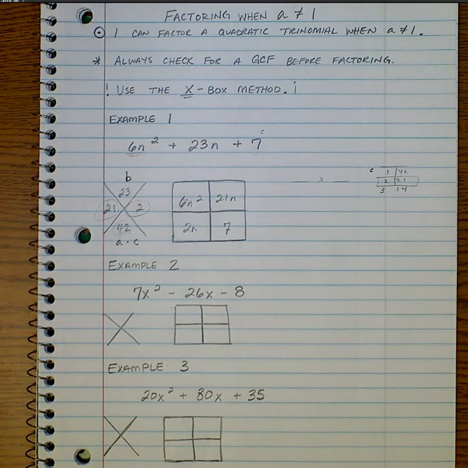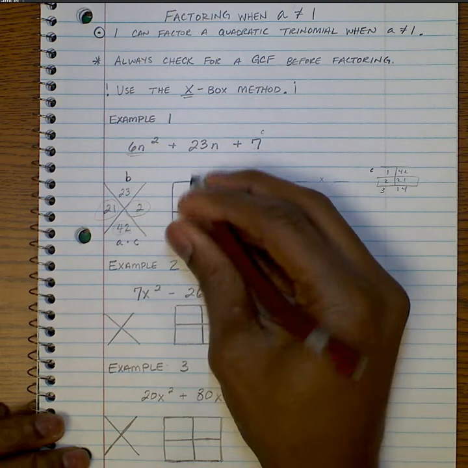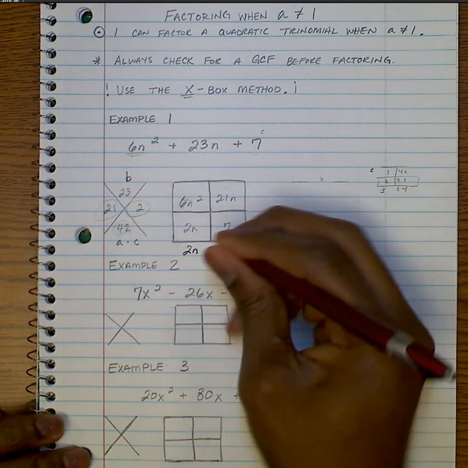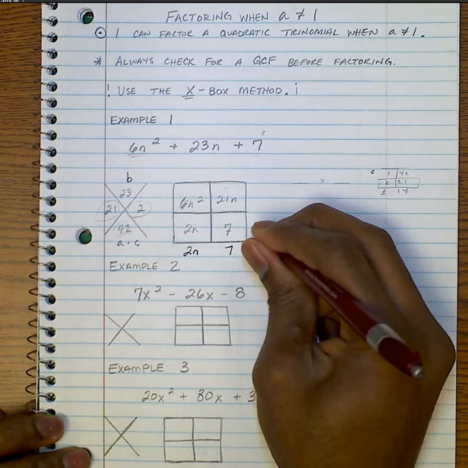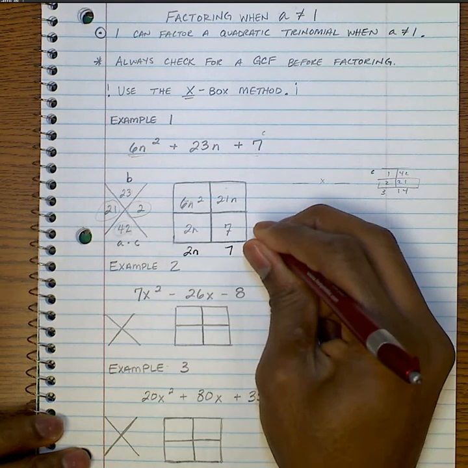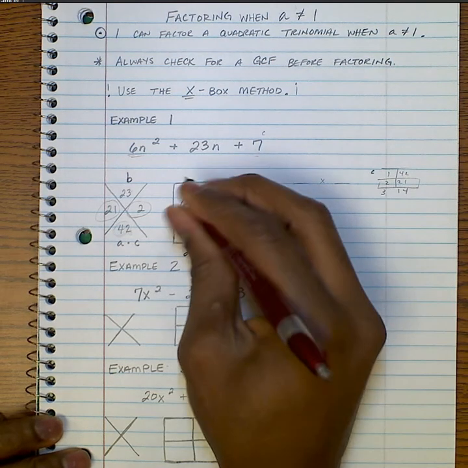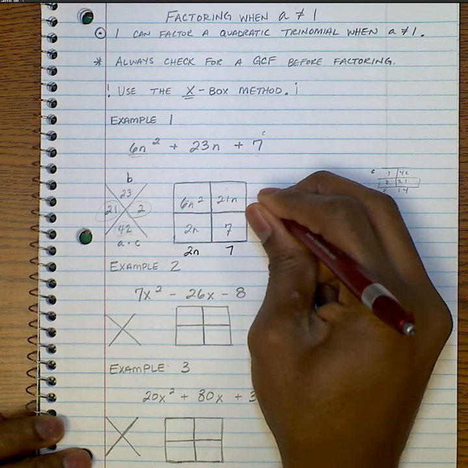And now going through each row and each column, I'll find out the GCF. So going through this row, my GCF is 2n. Going through this row, my GCF is 7. Through this column, my GCF is 1. And through this column, my GCF is 3n.